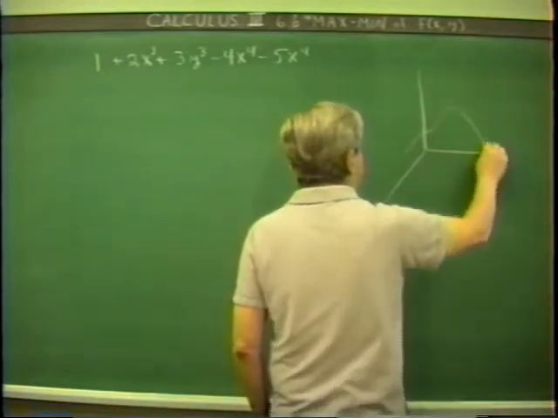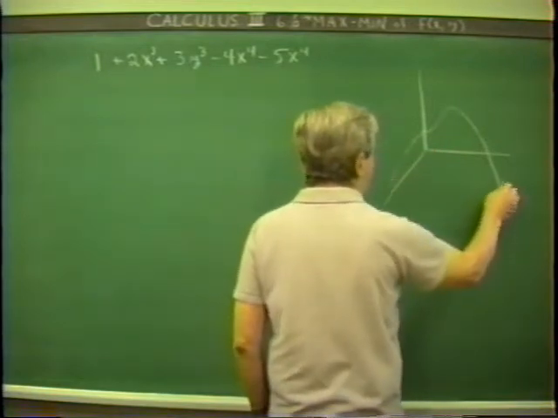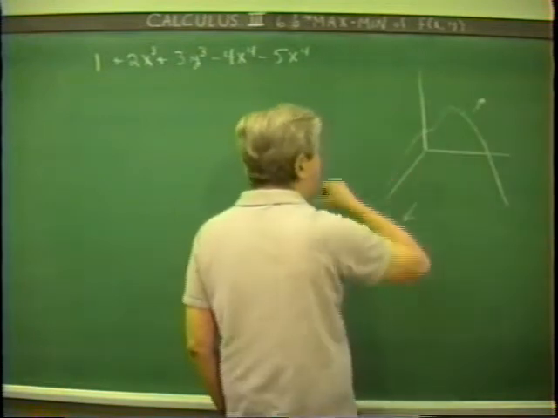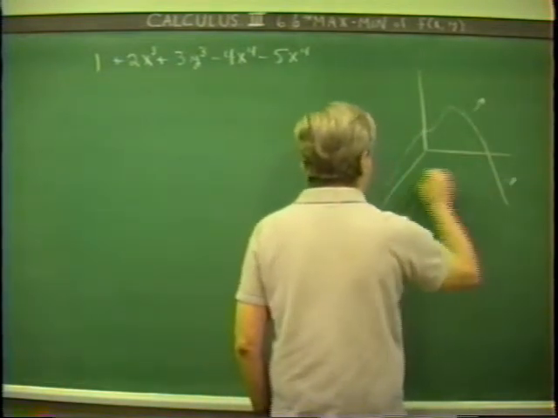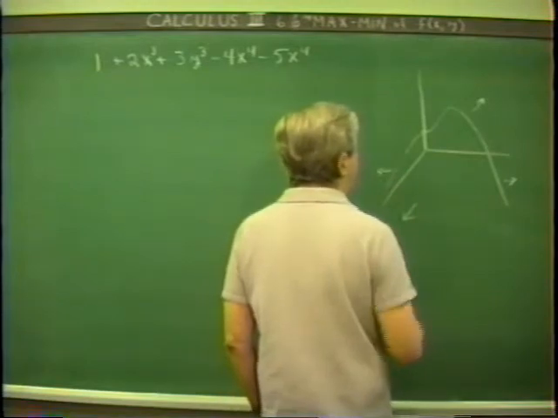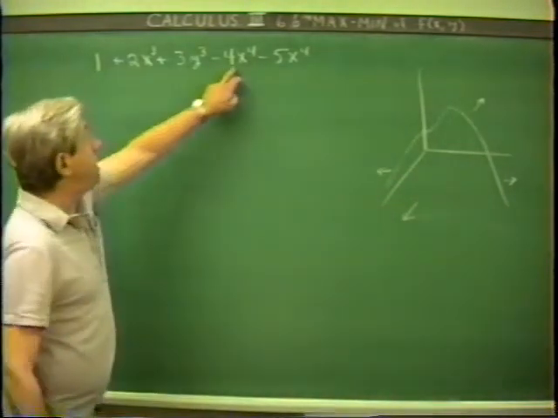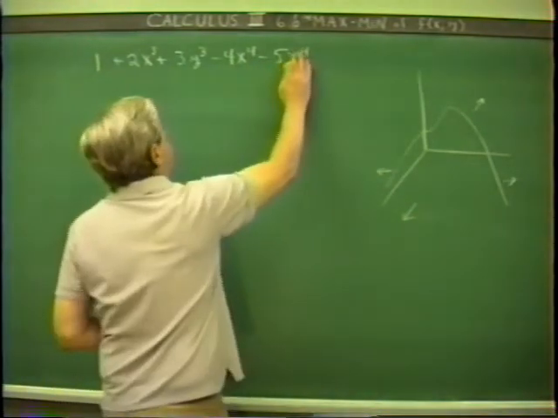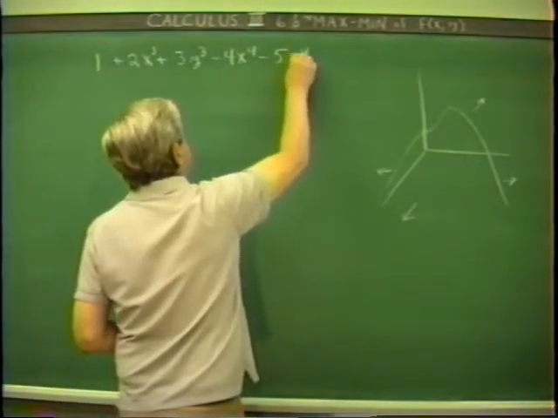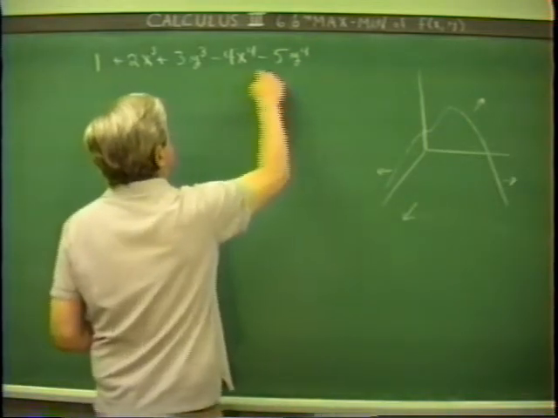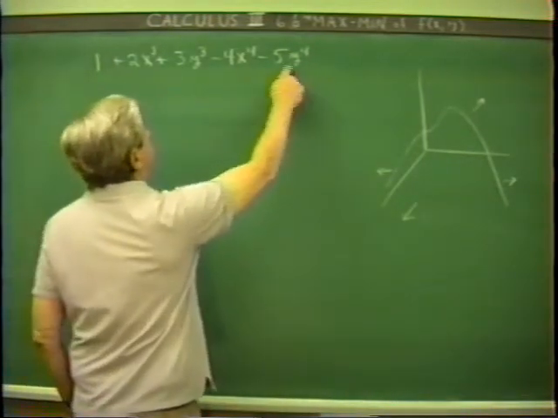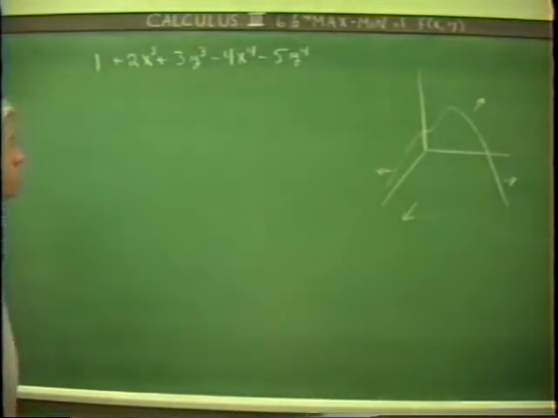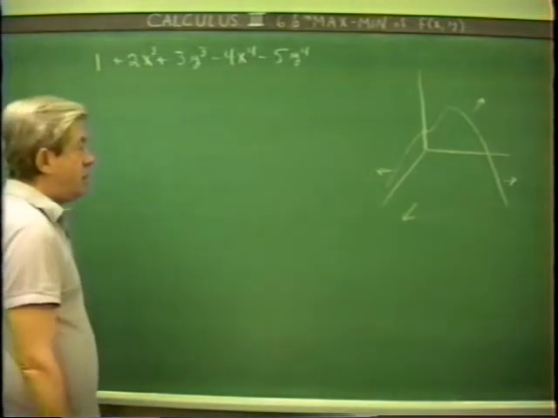At 1 it's 1, and it's going to take on its maximum. And for large values of x, and also negative values of x, and large values of y, and negative values of y, the function is going to be very negative, due to the fact that you've got a minus x to the fourth term and a minus y to the fourth term here, which dominate the function and make the function negative when x is large or when y is large.